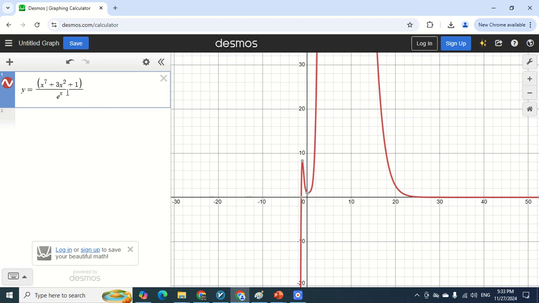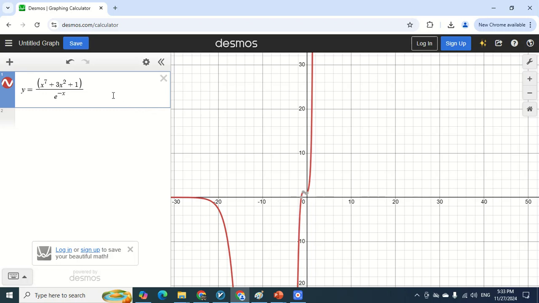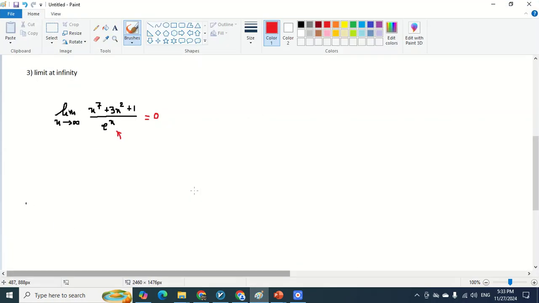You should care about the sign of x here. If I put minus x, for sure at plus infinity the value of the function is tending to infinity as well. What does it mean? Let us take a look over here.